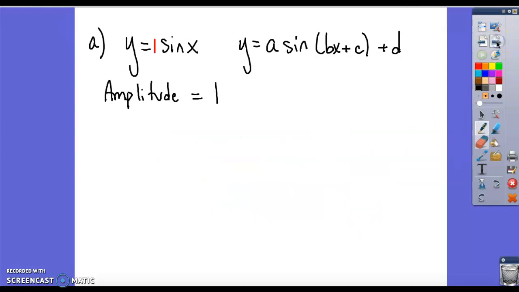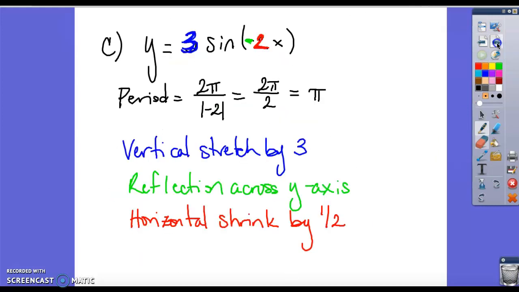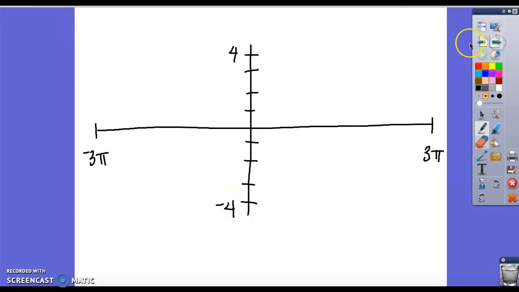Cosine is the same. So if I'm graphing this function, I'm just going to split this into 4 sections. I'm not even going to worry about what these numbers are yet. I'll go back and tell you how to figure these out because I don't want to confuse you. I just want you to focus on the graph for right now.